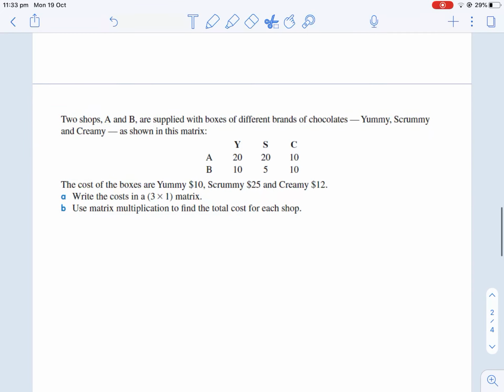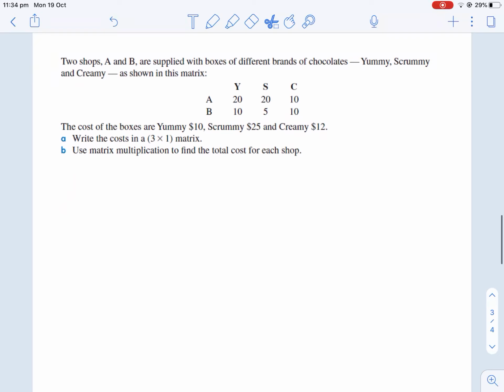We're going to do an example of the applications of matrices. Two shops, A and B, are supplied with boxes of different brands of chocolate. So 3 brands, Yummy, Scrummy, and Creamy, are shown in this matrix. So shop A, shop B. They supply 20 boxes of Yummy for shop A, 20 boxes of Scrummy for shop A, and 10 boxes of Creamy for shop A. How about shop B?